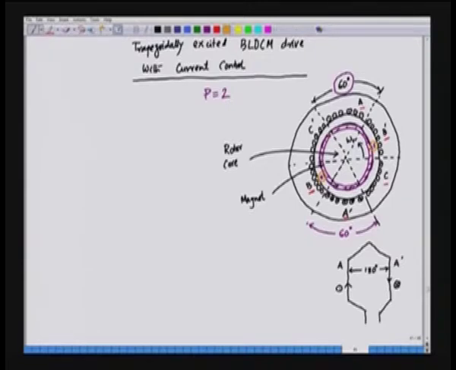So, this is the permanent magnet for the north pole, and similarly this is the permanent magnet for the south pole.